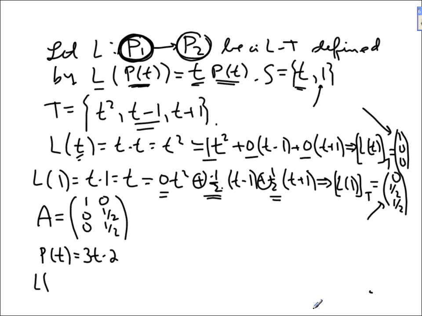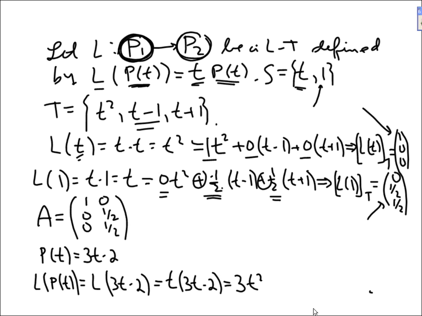So L of P of t, better known as L of 3t minus 2. Well, L of any polynomial is t times that polynomial, which happens to be 3t squared minus 2t.